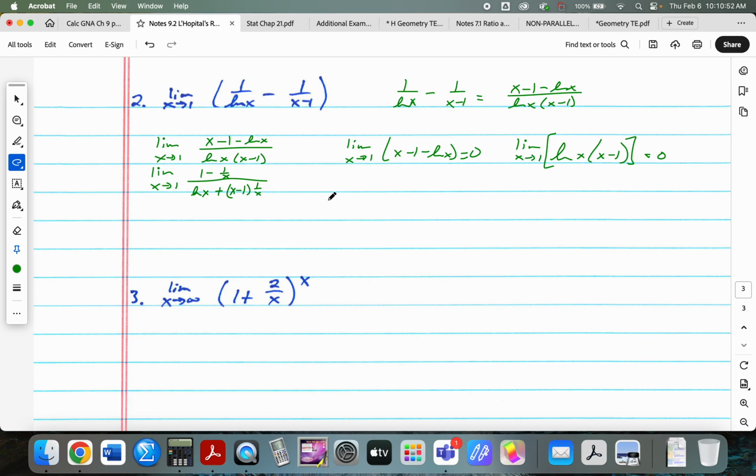At this point, I'm sort of looking ahead, but I'm absolutely going to clear the complex fraction, right? Because if I don't, this is going to be 1 minus 1. That's going to be 0. My denominator is still going to be 0. Not particularly helpful. But if I multiply top and bottom by x, I get x minus 1 over x natural log of x plus x minus 1.